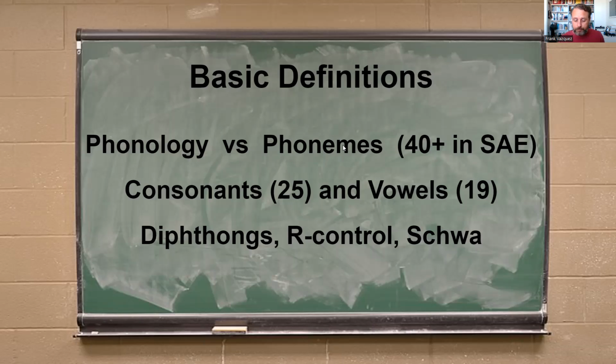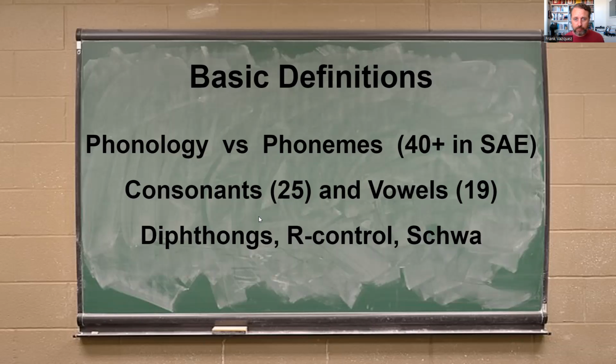Depending how you count them, and there are different reasons why linguists might argue this way or that way, there's 40 to about 44 in SAE, or Standard American English, which is the focus of this course. I'm an American educator, even though a lot of this can extend to other forms of English. Just be aware that there are differences once you get into Australia or Britain or other dialects.